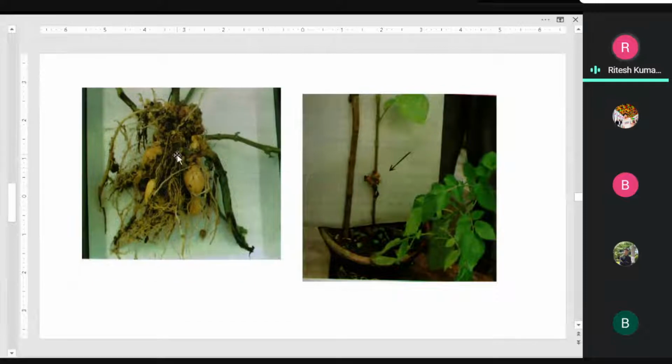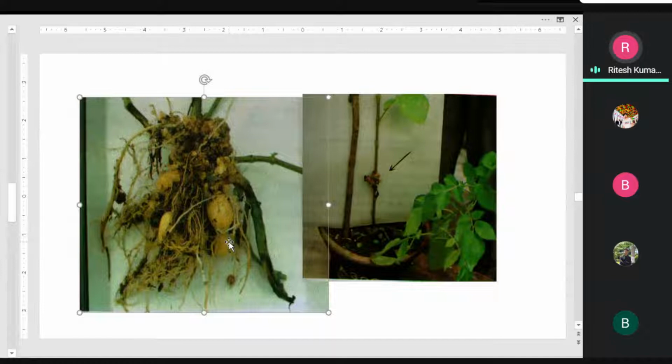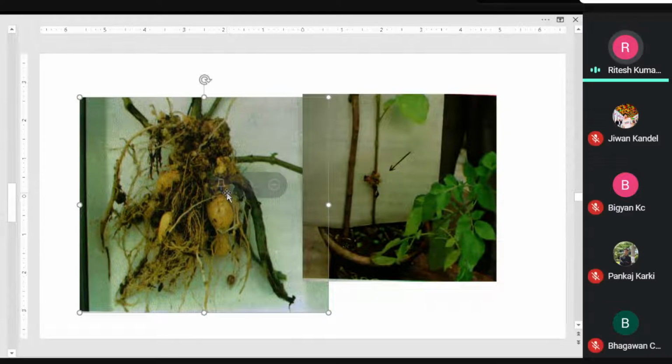So this fungus is a soil borne fungus. It induces hypertrophy and hyperplasia. So when it infects, it rapidly multiplies at the infection site. It will induce hypertrophy and hyperplasia, and that will result in the development of warty tissues, wart-like or abnormal growth or some bead-like projection.